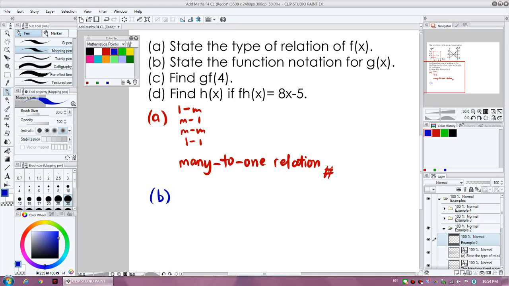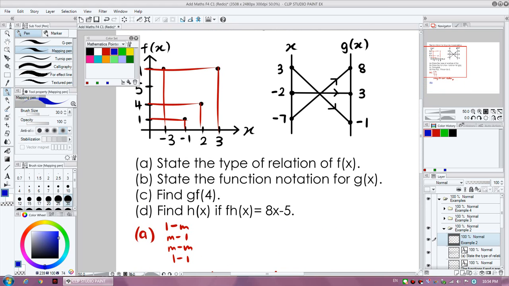Now let's take a look at B: state the function notation for g(x). As I stated in the past video, the function notation is an equation showing what the function does to the object. For example, f(x) equals x plus 1.